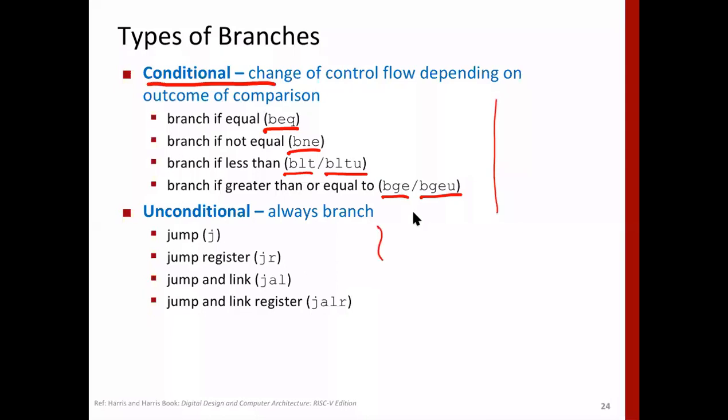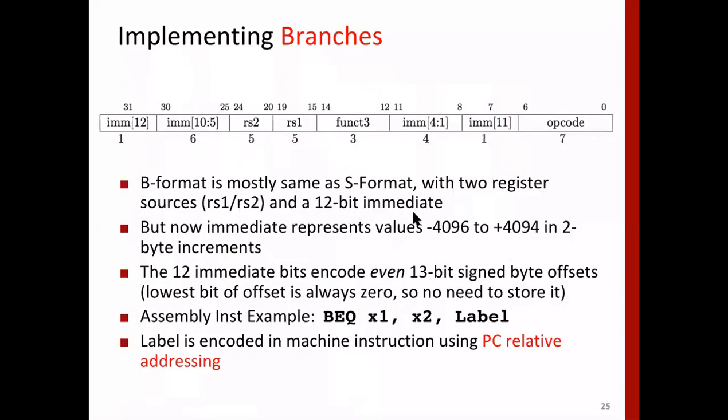And these are unconditional jumps: we are not comparing registers, but when this instruction comes, we simply jump, like JAL and JALR. We'll first look at the design of branch, and then next class we look at the jump instructions.